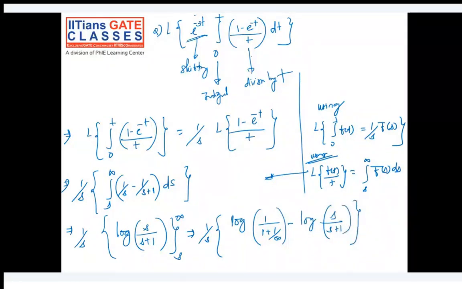So 1 upon infinity is 0. Log of 1 is 0. So this entire term will become 0. What we will get is ln of 1 upon s, log to the base e or ln, both are the same, minus log of s divided by s plus 1. So I can write it as log of s plus 1 by s. This is the Laplace transform for the integration 0 to t (1 minus e to the power minus t) by t dt.